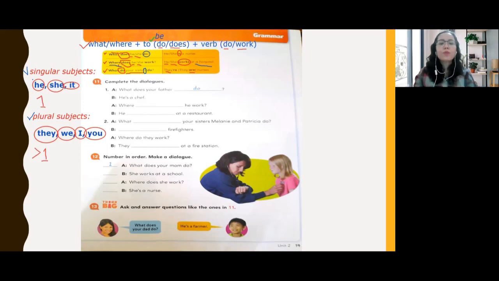When we want to know about the place where someone works, we have to use the verb work. And back again for the plural form, if we want to know about someone's occupation, we have to use the verb do.